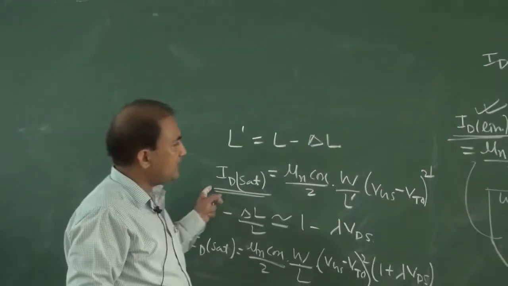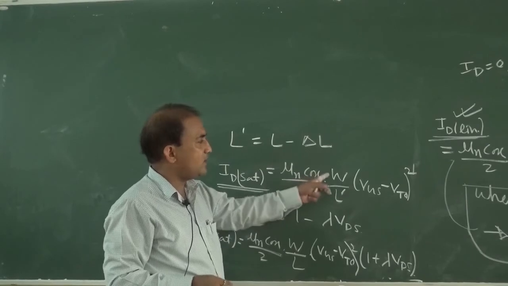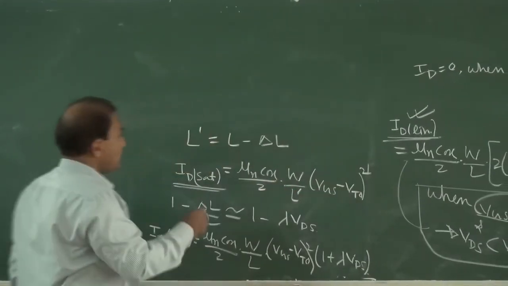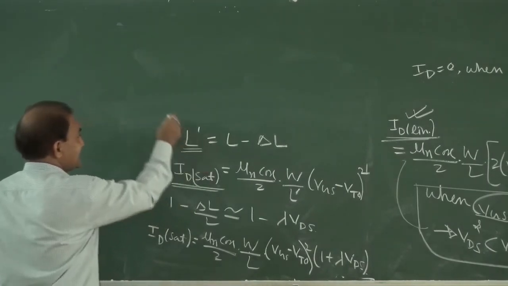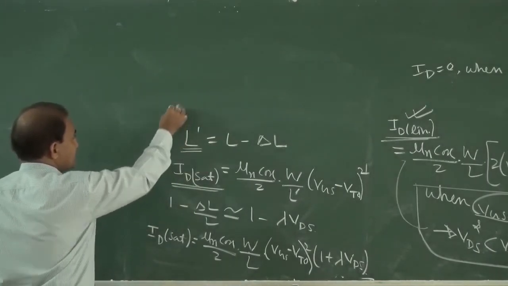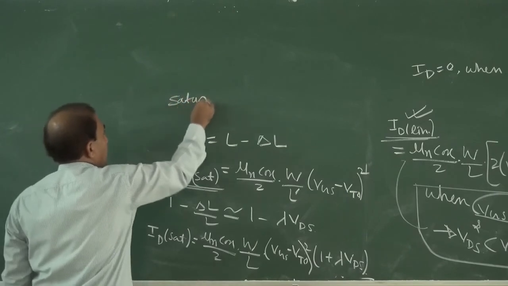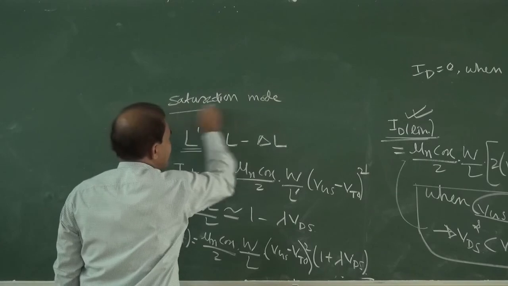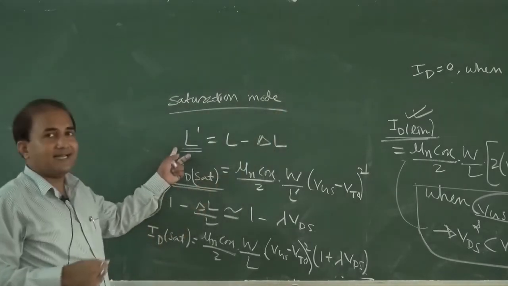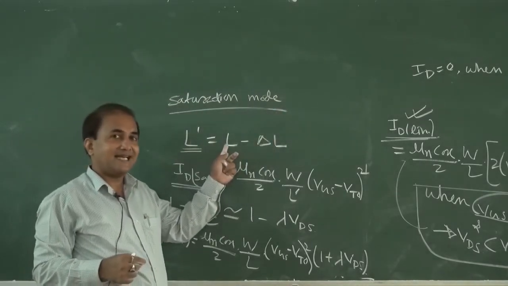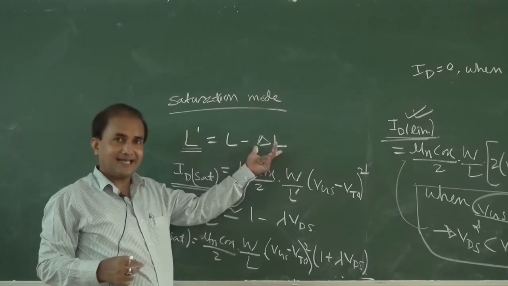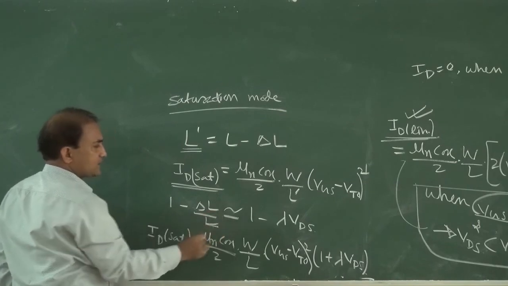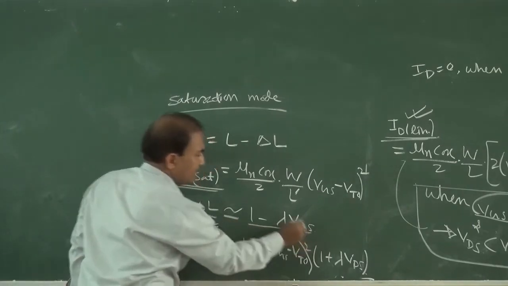ID sat is equal to mu n Cox by 2 into W by L dash into VGS minus VT naught square. So what is this L dash? This is in saturation mode. In saturation mode, the effective channel length is always less than the physical channel length by delta L. So 1 minus delta L by L is approximately equal to 1 minus lambda VDS.